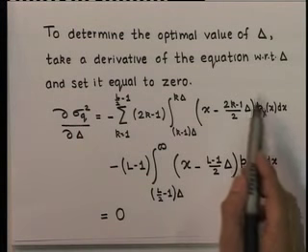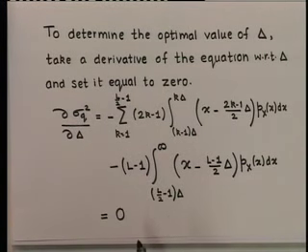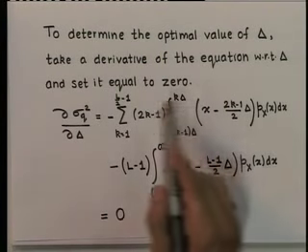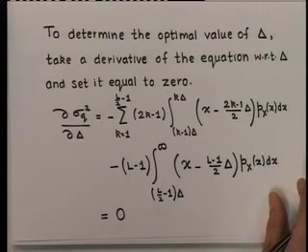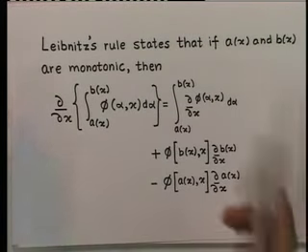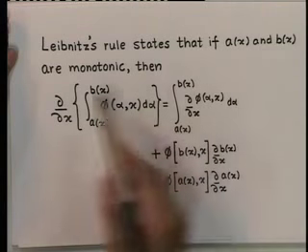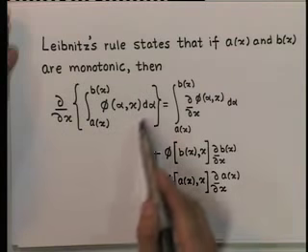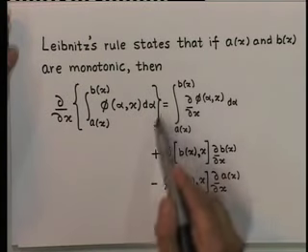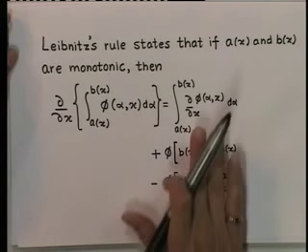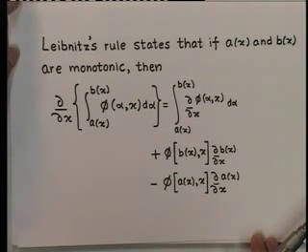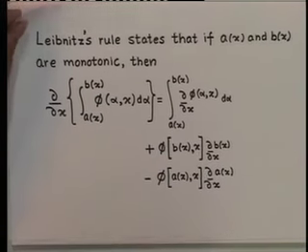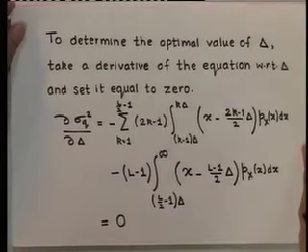In order to derive this expression, we have to use the Leibniz rule, which states that if A(x) and B(x) are monotonic, then differentiation of this expression is given on the right hand side. Using this Leibniz rule, we get the following expression.